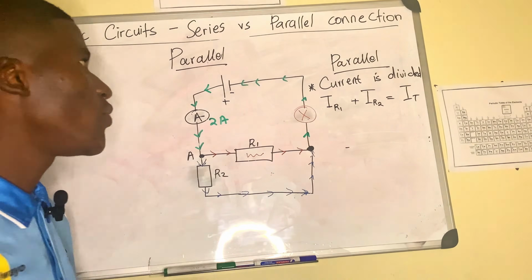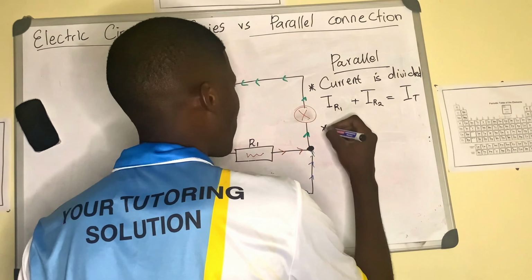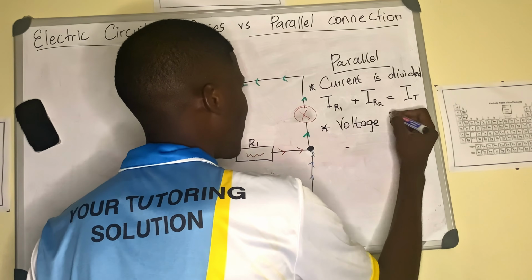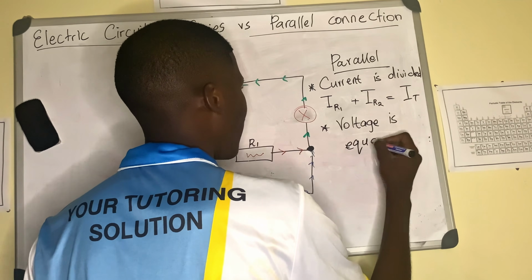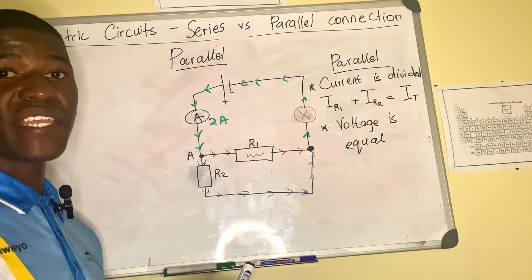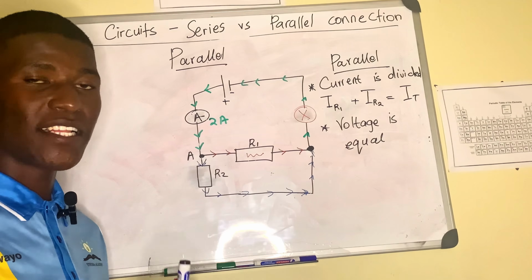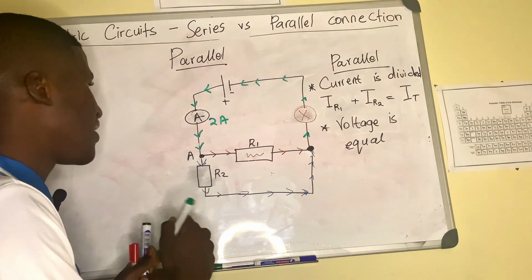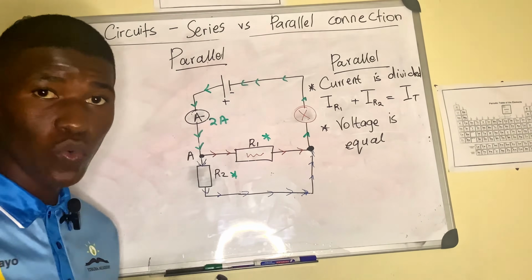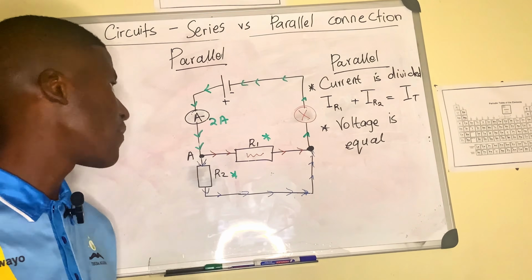Now continuing, if we look at the voltage, the voltage is equal. The voltage is equal within two resistors that are parallel to one another. So here we've got R1 and we say that it is parallel to R2, which means they will receive equal voltages.